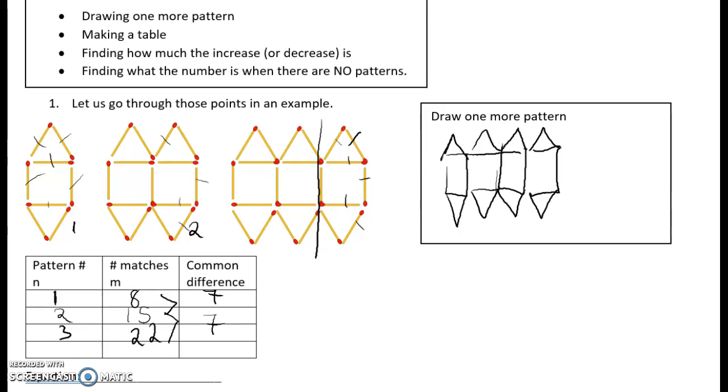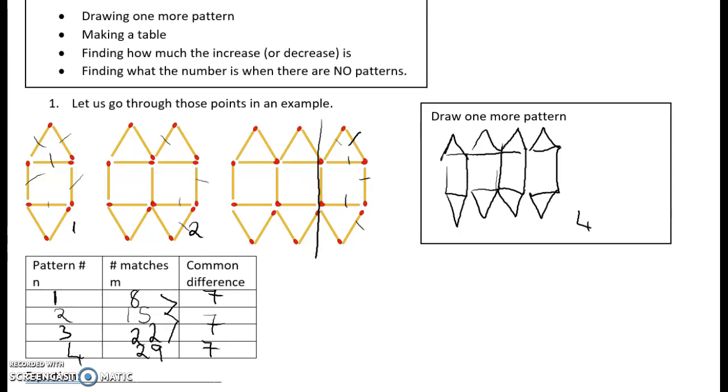And so how many matchsticks am I expecting for my pattern number 4? Well done. 29. I just added 7 on, and you can check by counting your pattern as well.